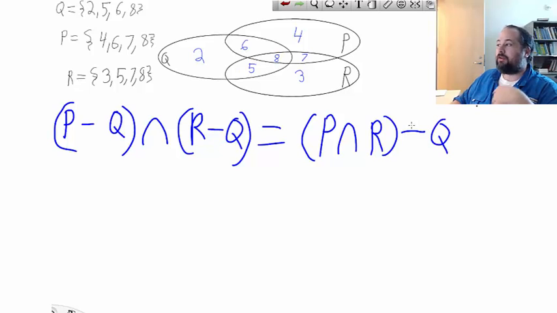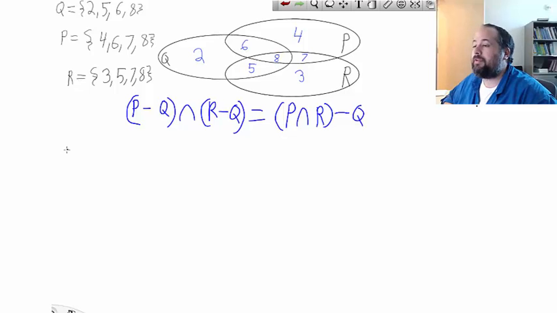Intersection, and it together, we get 7. On the other side, on the right-hand side, if we look, P and R is 8 and 7. Not Q removes 8, so that is also 7. So we could prove this with the Venn diagram as well, and in fact this one's a lot easier to prove with a Venn diagram. But we're going to use the element method because, well, we just are.